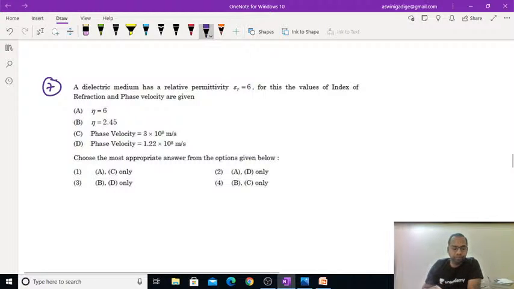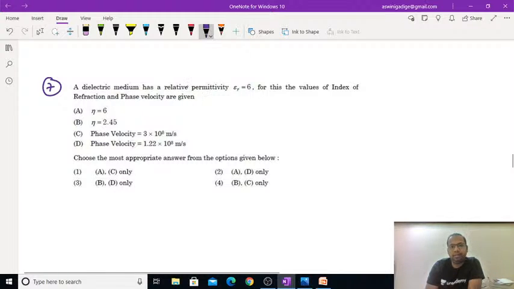So it was one question. A dielectric medium has relative permittivity epsilon r equal to 6. For this, the values of index of refraction and the phase velocity are given here.